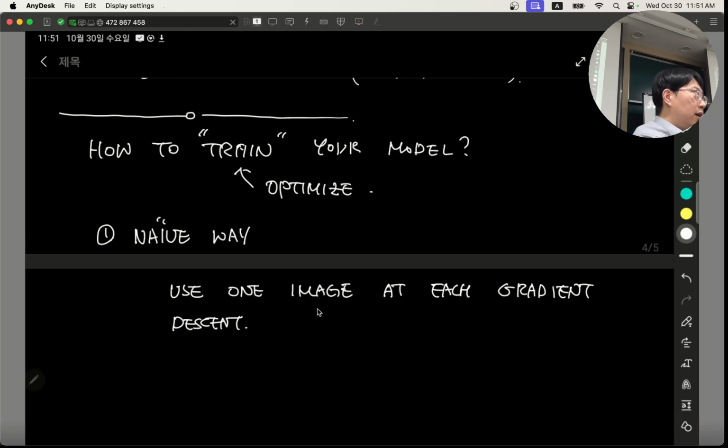And then you discard that image and take another image, and then take the gradient and move your parameters a little bit more. So you've used the first image and then you use the second image. When you train with your second image, it may not go in the same direction as for your first image.